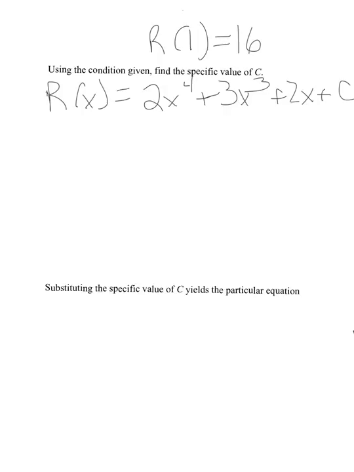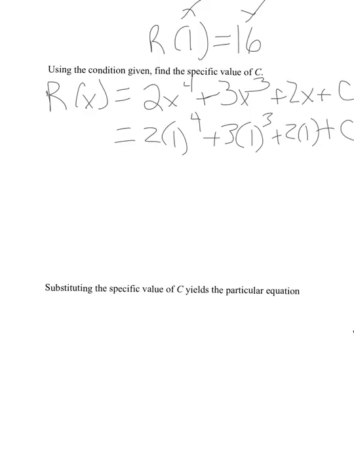So this is my x, this is my y. So if I put in 1 everywhere I have an x, and I still don't know what c is, that's what I'm trying to figure out. What would I put in place of r of x? 16. You got it.